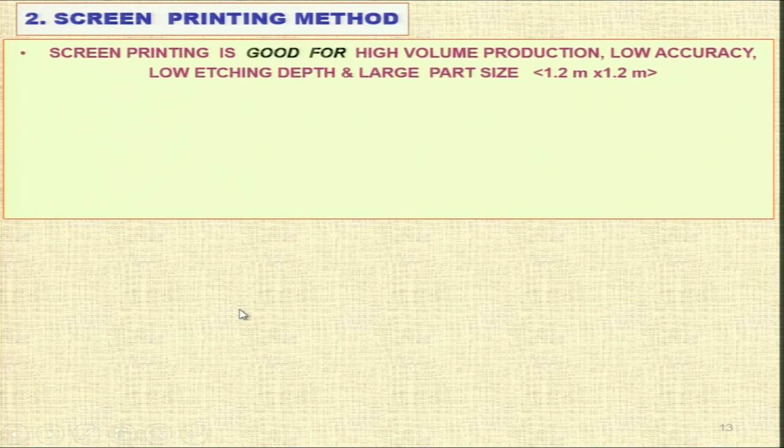Screen printing is good for high volume production, low accuracy, low etching depth and large part size, because I have already shown to you, because a tapered component is obtained and undercut is taking place. So all these are responsible for low accuracy of the machined component.